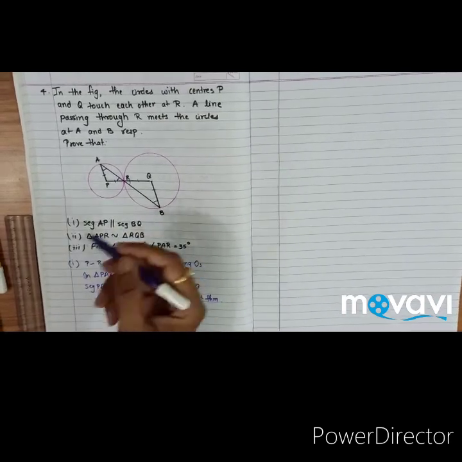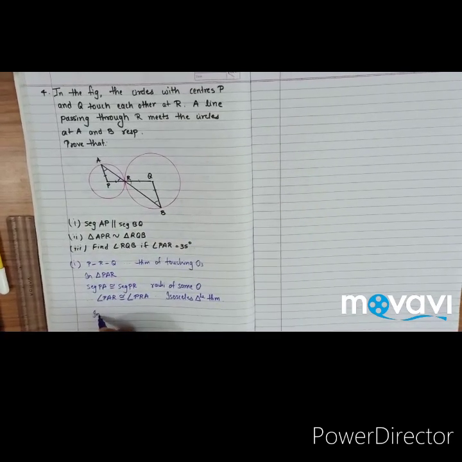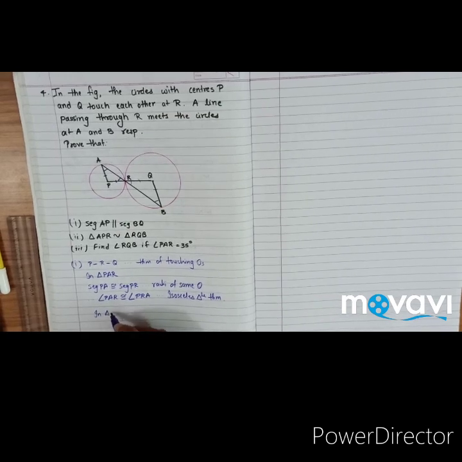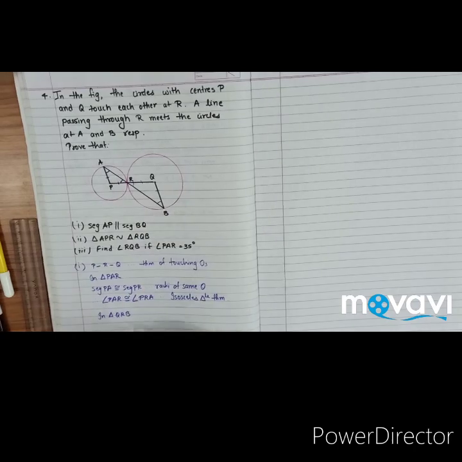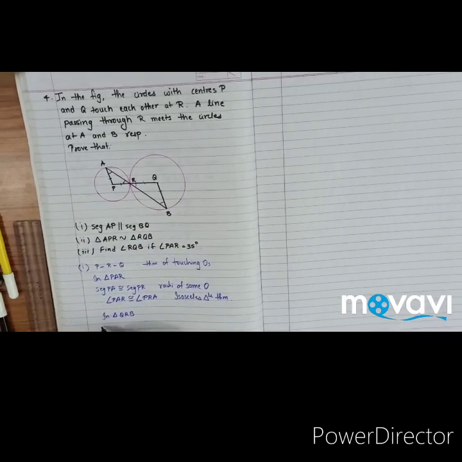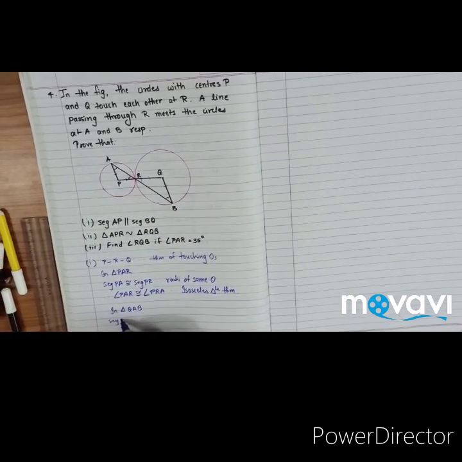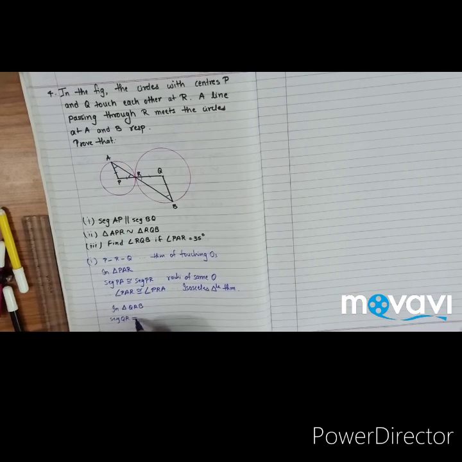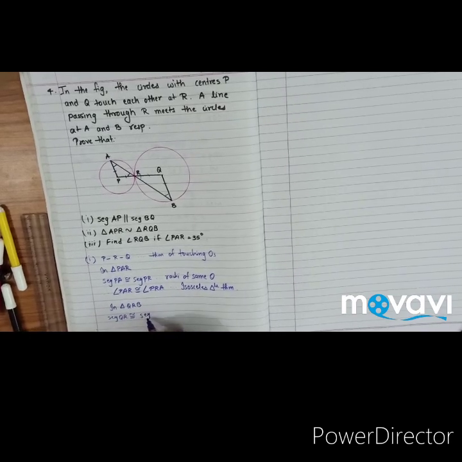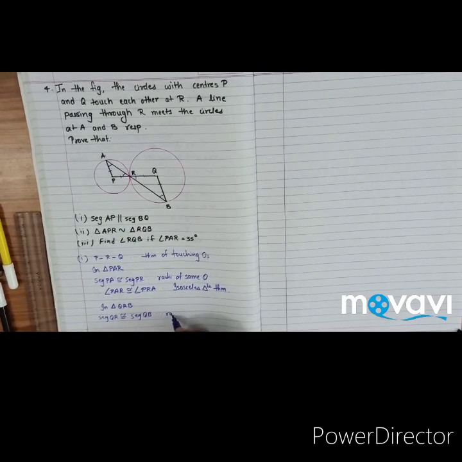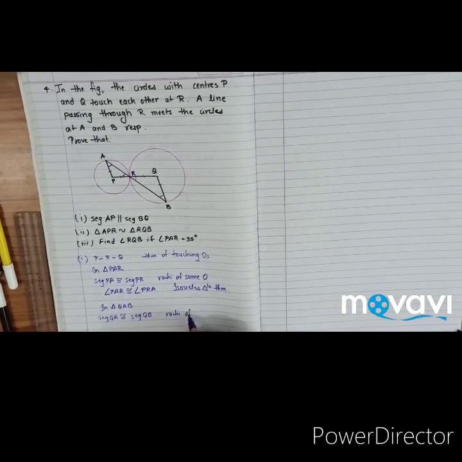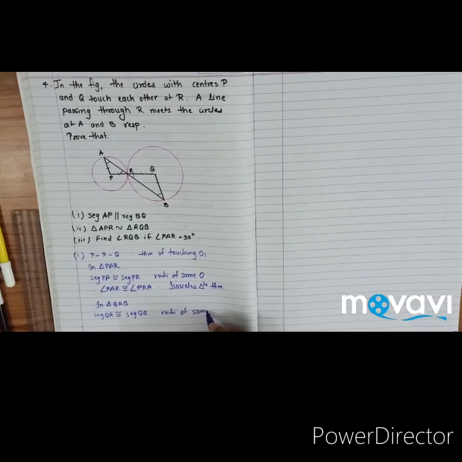Let us see the next triangle, that is in triangle QRB. Again, the same way we will write segment QR is congruent to segment QB. What is the reason? Radii of the same circle.